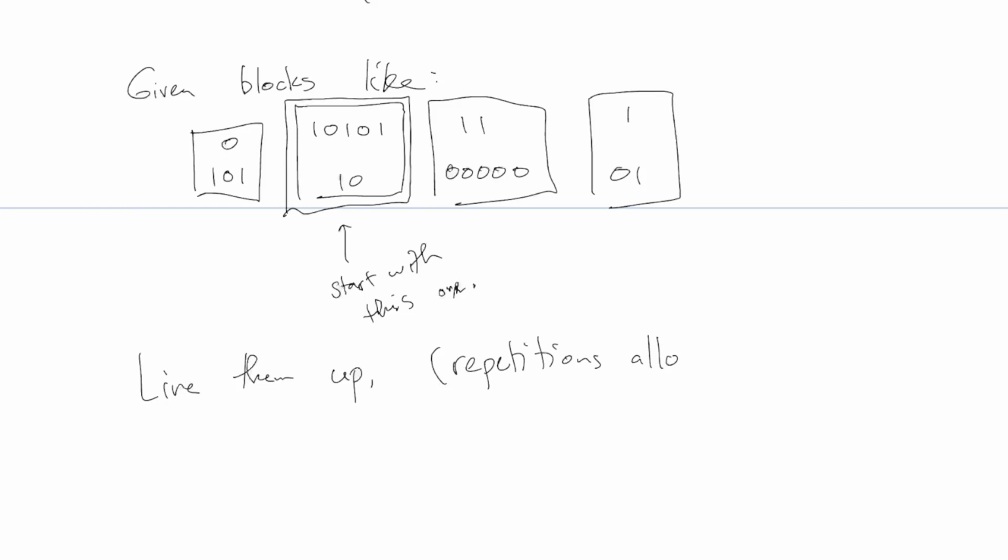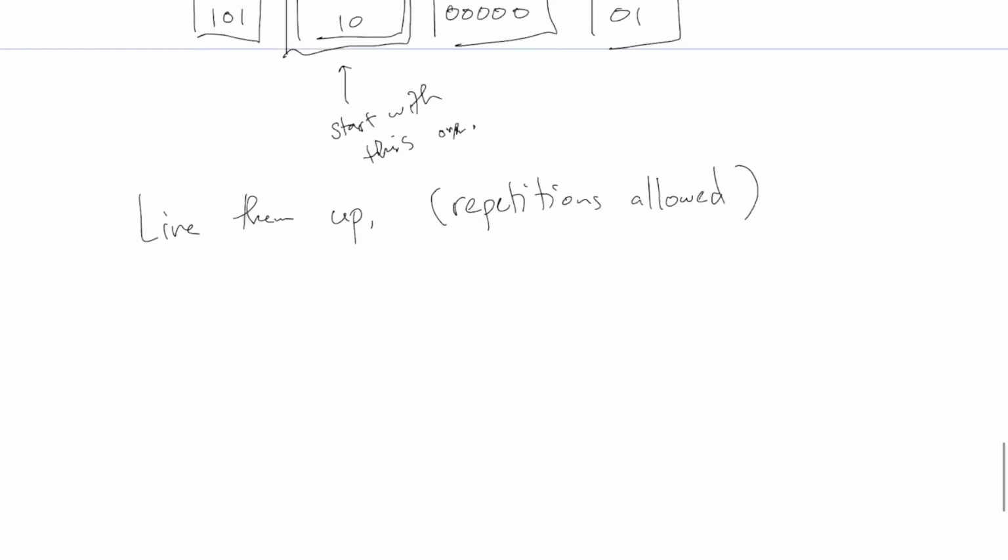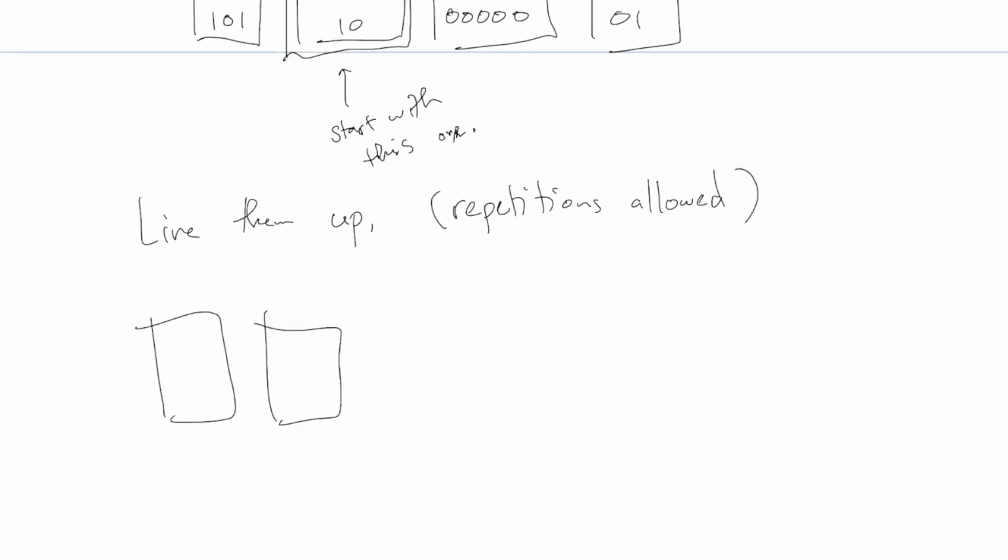So you line them up like this, etc. And the goal, to solve the puzzle properly, is that the total string that you read across the top is the same as the string across the bottom.